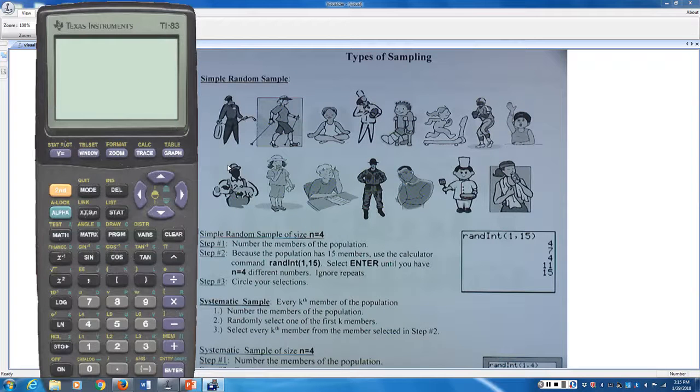But in order to make sure that our program functions correctly on the calculator, what I want you to do is turn your calculator on and clear off whatever's there. And I want you to type in the last 4 digits of your phone number. Not the whole phone number, just the last 4 digits.